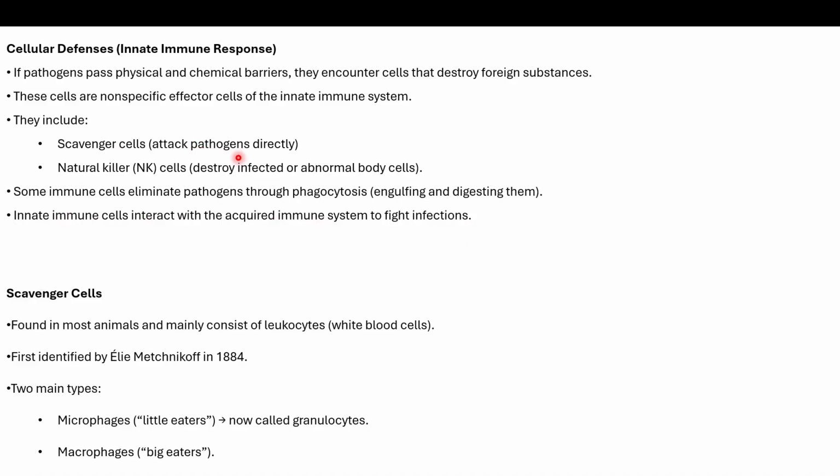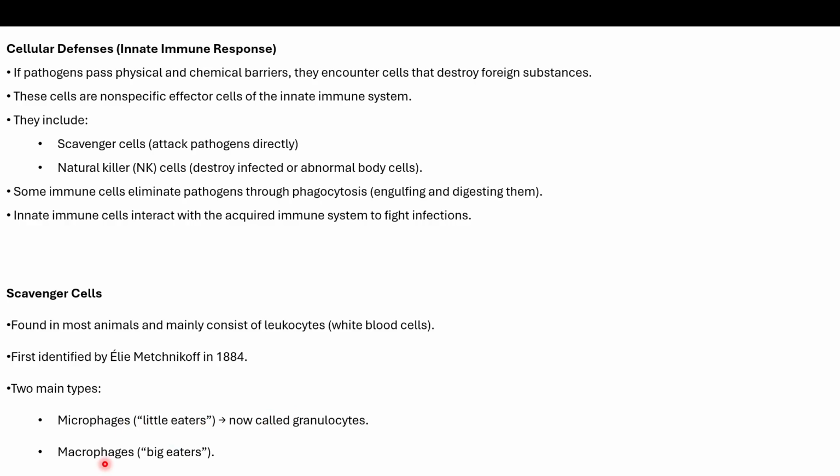If we talk about the cells which can attack pathogens directly, the scavenger cells, these are found in most animals and mainly consist of white blood cells, also called leukocytes. These are of two main types: macrophages, the big eaters, and microphages, the little eaters. The big eaters are named mainly based on the size of these cells.